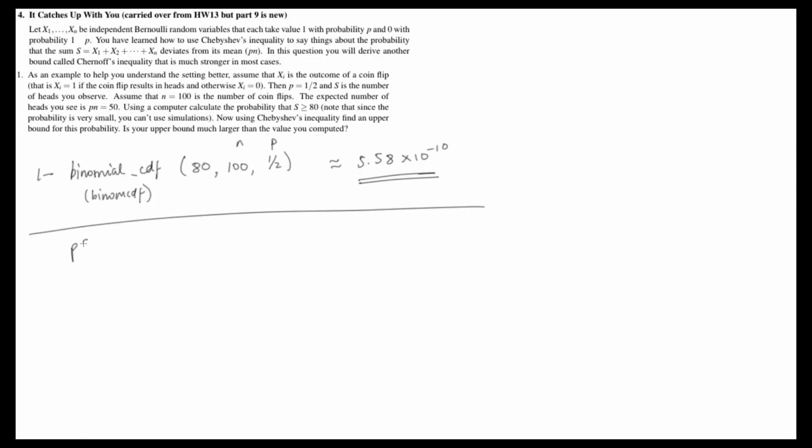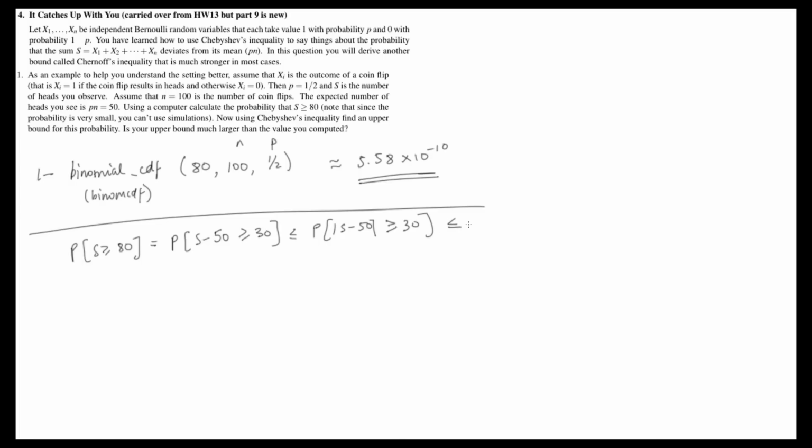Chebyshev's inequality says the probability of S greater than or equal to 80 is equal to the probability of S minus the mean, which is 50, greater than or equal to 30, right? Now we're just bounding the probability that it deviates from above the mean by 30, which is less than or equal to, let's take the absolute value of this, because now we're weakening it by bounding both sides.